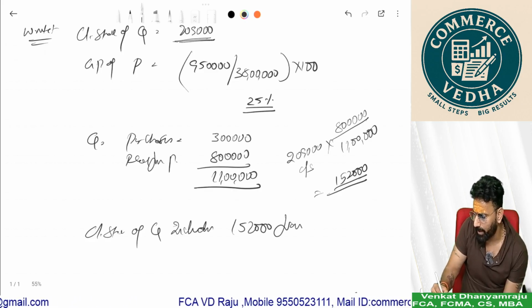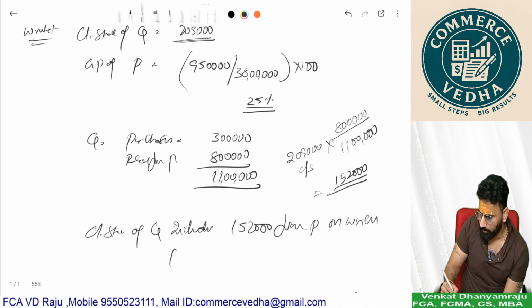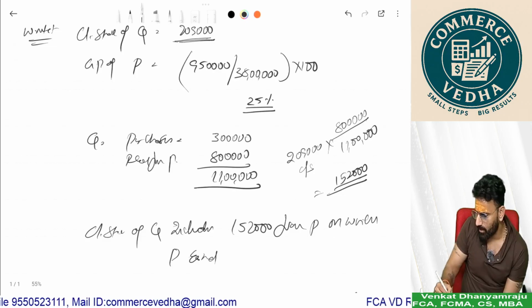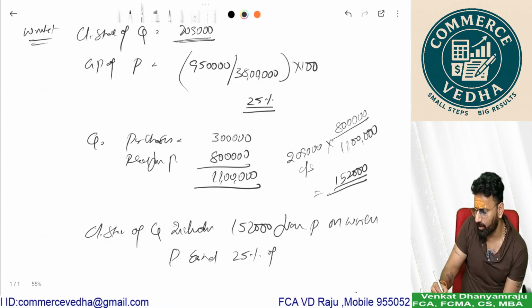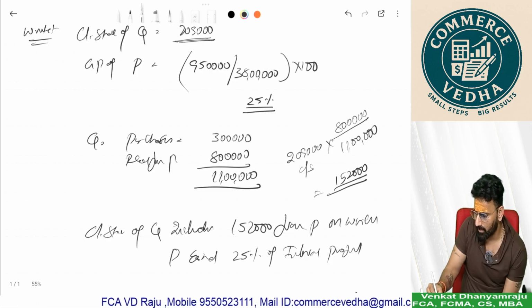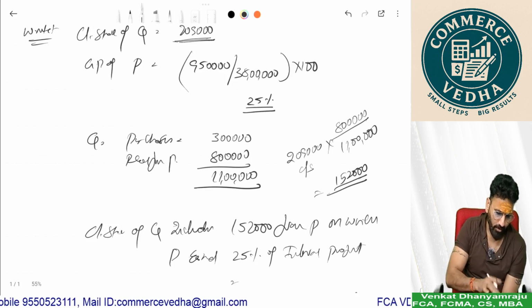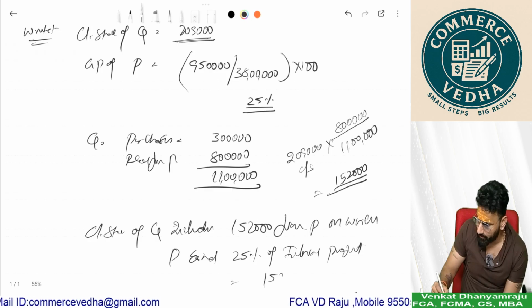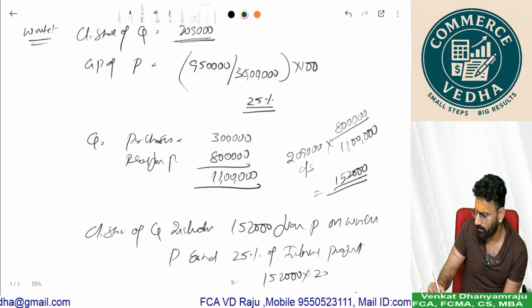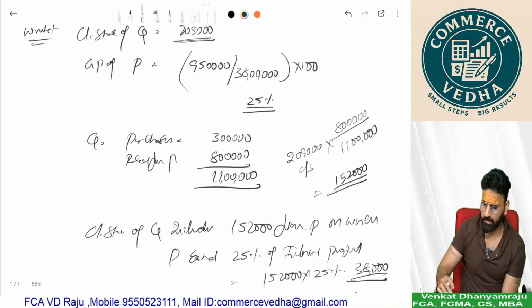So the closing stock of Q includes 1,52,000 from P, on which P earned 25% internal profit. So what is that? 1,52,000 into 25% is 38,000.